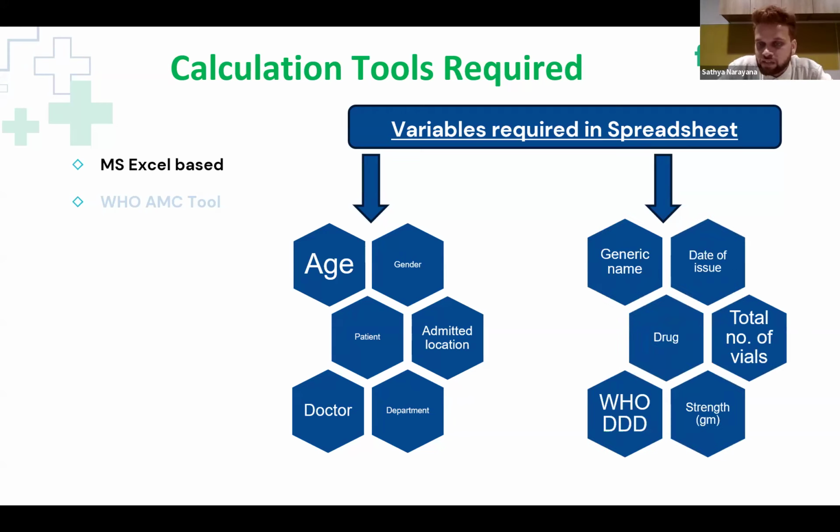And regarding the drug, we'll need the generic name. Always we need to use the generic name, not the brand name. This is one more thing we need to keep in mind. We also need the start date, how many vials were dispensed, the strength of each vial, and the WHO DDD value of the particular antibiotic.